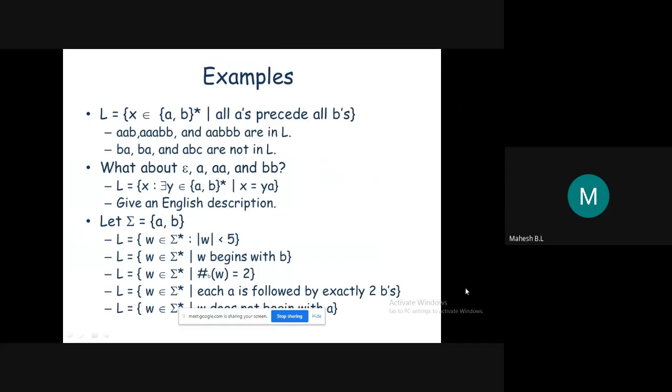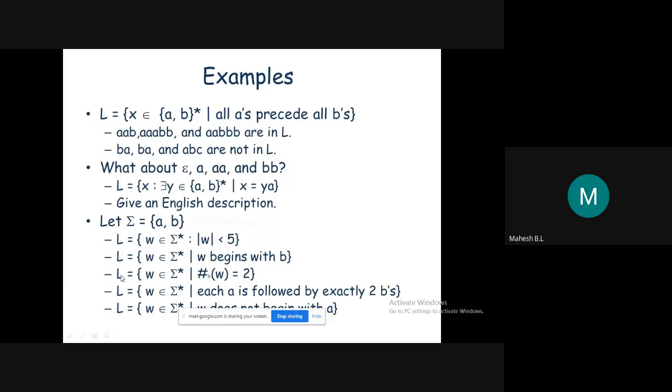What is hash? Hash B means number of times B occurs in W. That is, all those W where B occurs twice belong to L. So this is one condition. W must belong to sigma star, but this is not enough. W belongs to sigma star as well as number of B's in W must be equal to 2.